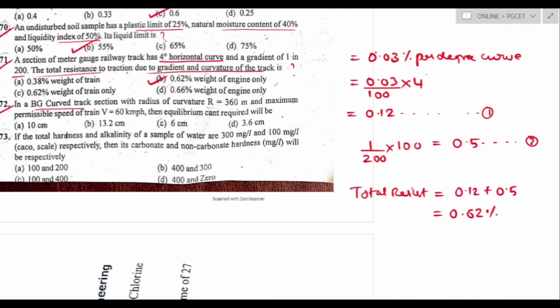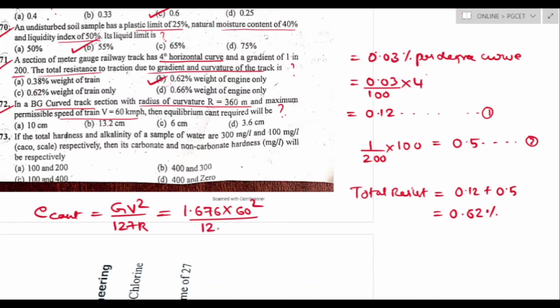Question number 72. In a BG curved track section with a radius of curvature R equal to 360 meter and maximum permissible speed of the train is V equal to 60 kmph, then the equilibrium cant required will be. So we have to find the equilibrium super elevation. As per IRC formula, equilibrium super elevation is given by GV square by 127 R. G is the gauge of the broad gauge track, 1.676 meter, multiplied by 60 square, the permissible speed of the train, divided by 127.